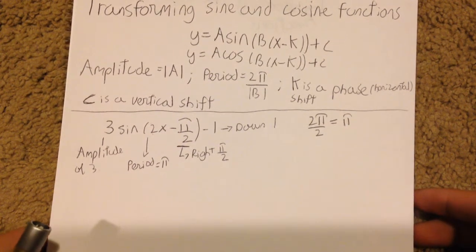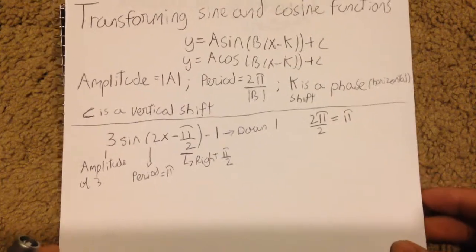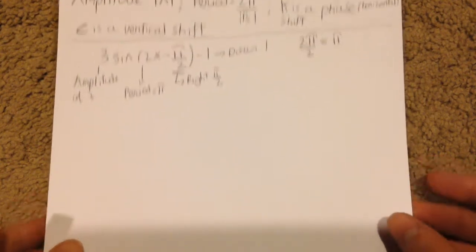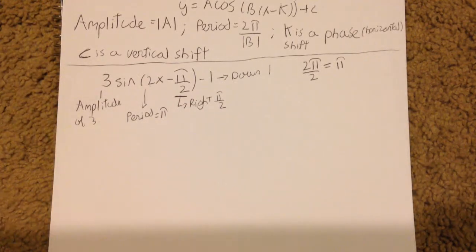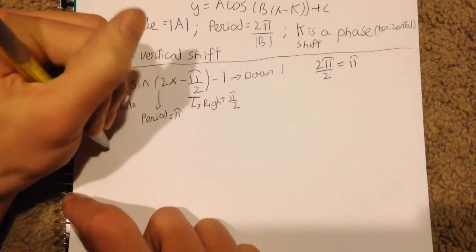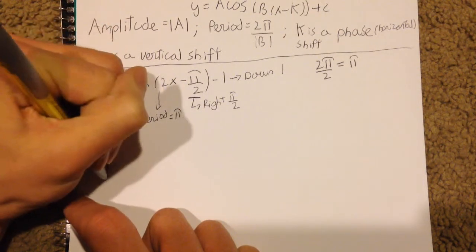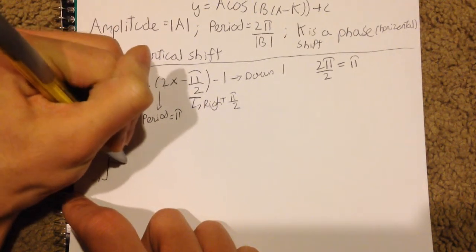So let's graph this function. If you remember, the sine function just looks like this. It's going to go up to 1, down to negative 1.